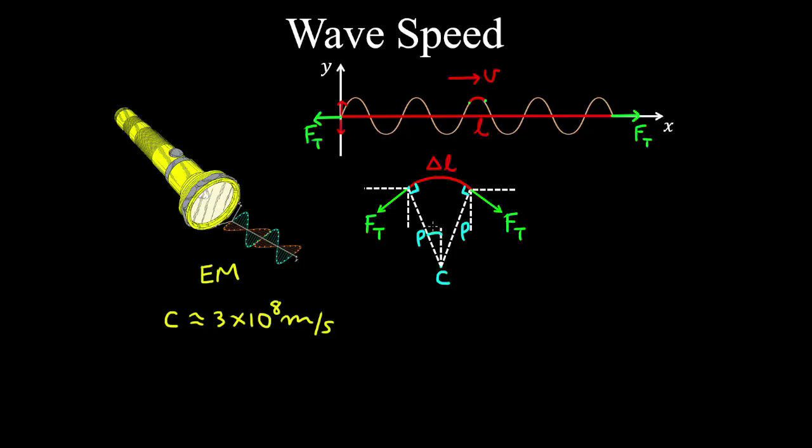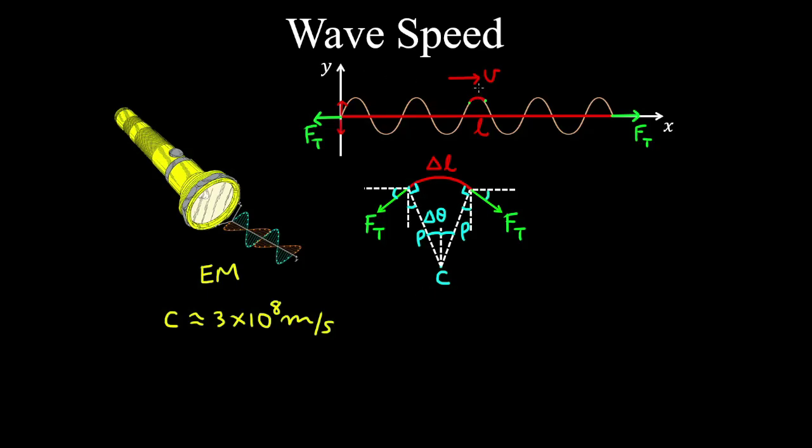And this angle here we take as delta theta, which is equal to this angle. So by geometry, this angle will be delta theta, and so will this angle. And the same on this side.